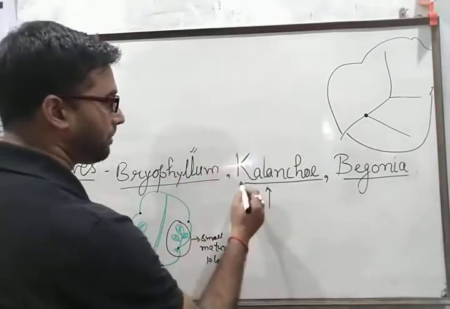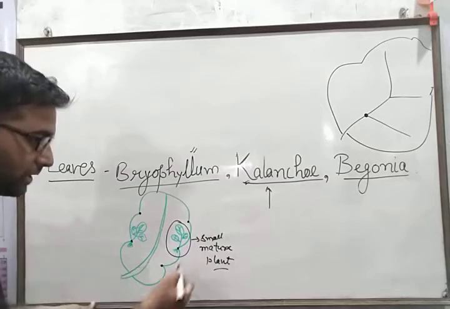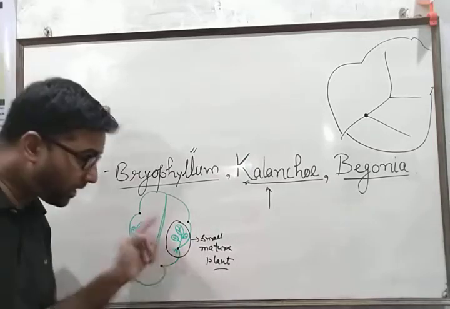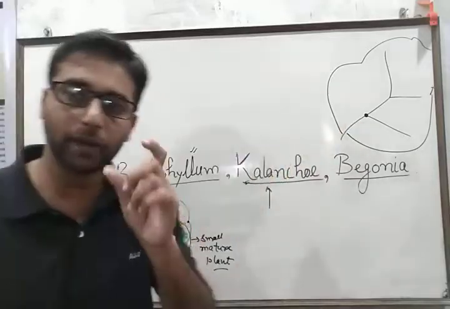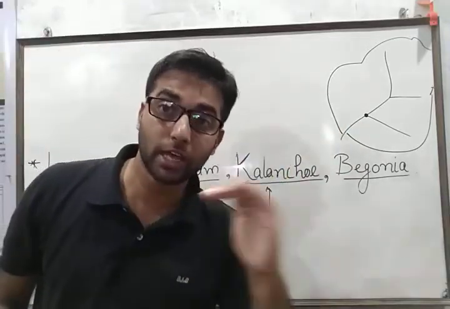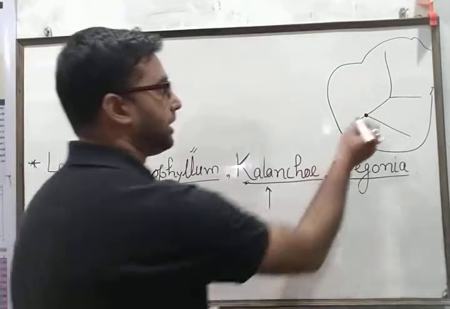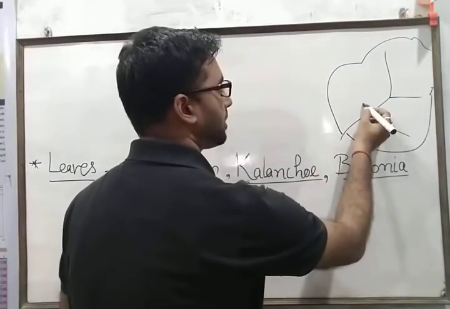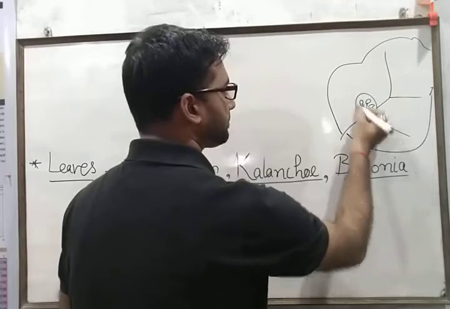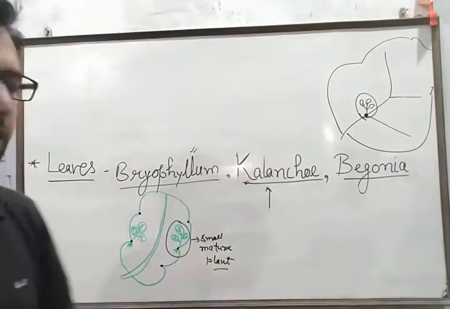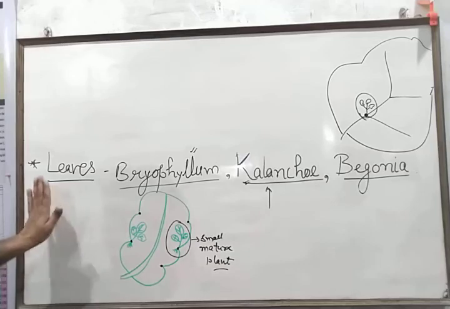In Bryophyllum and Kalanchoe, the plantlets or buds grow at the margin of the leaf, whereas in Begonia, the plantlets or plant buds grow on the surface of the leaf. Here, the bud formation takes place. So this is the only difference. Otherwise, it is considered as leaves.